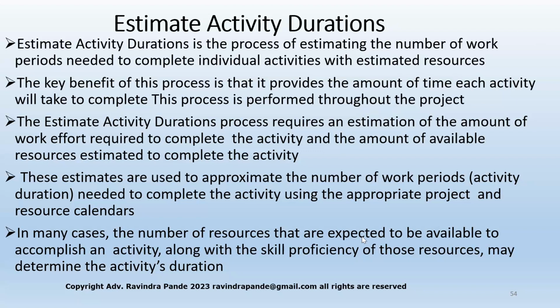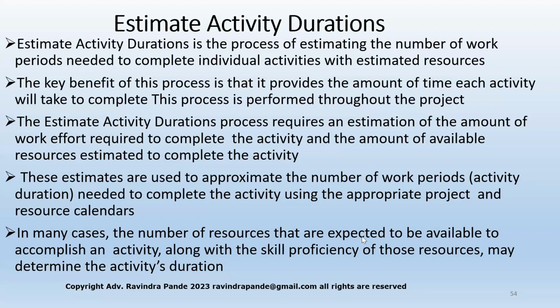In many cases, the number of resources that are expected to be available to accomplish an activity, say a project planning task to be performed by the project manager. Now, every project manager's thought process might not be at the peak, or might not be at the most efficient level. So some project managers might take 2 hours to prepare the Gantt chart. Some project managers might take 4 hours.